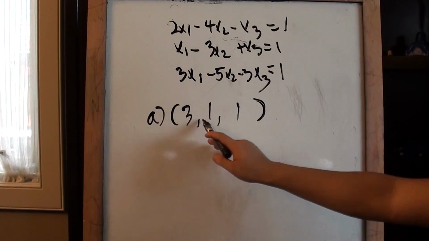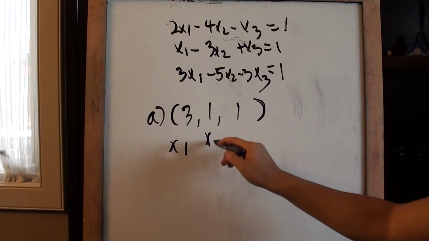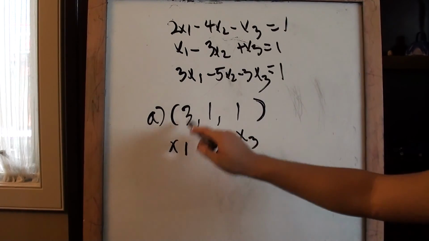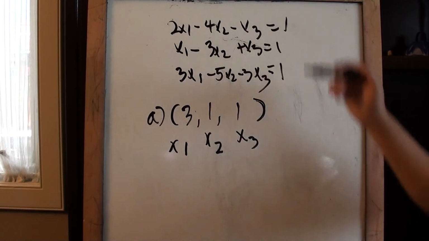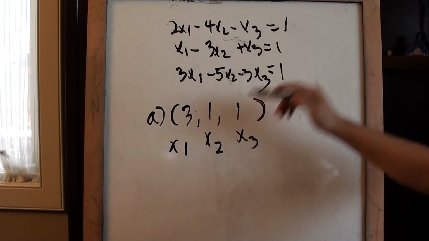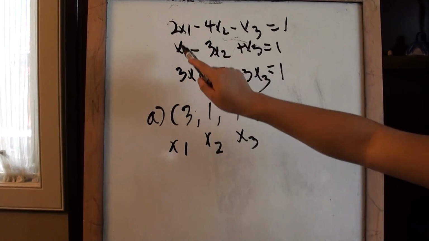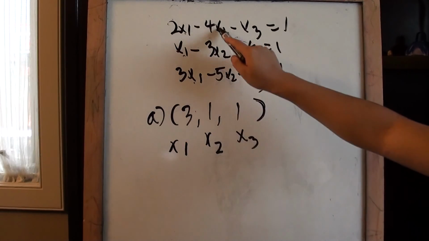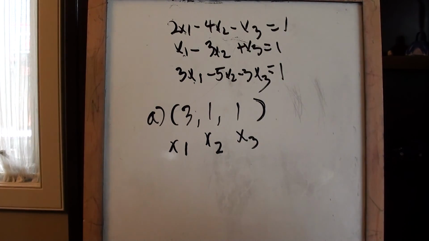So when they say 3, 1, 1, it's implying x1 and x2 and x3. Copy and paste in these unknowns, and then see if it's still 1. And if you're really paranoid, technically speaking, you should be putting 3 here, here, here, 1, 1, 1, 1, 1, 1, and make sure that all of them equal 1.